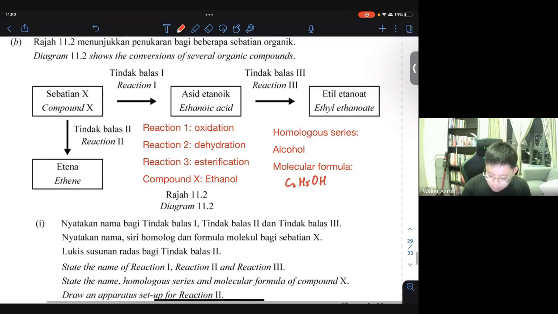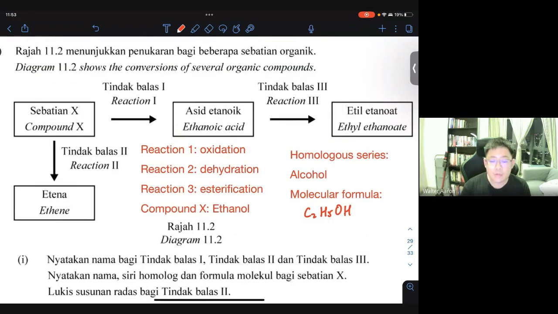So I've already mentioned all of this to you, okay, based on these red color markings. So compound X, after undergoing reaction number 1 to form ethanoic acid, right? And then after that, it undergoes another reaction to form ethyl ethanoate. So most likely, what happens here is that compound X is supposed to be ethanol, okay? Ethanol. Why ethanol?